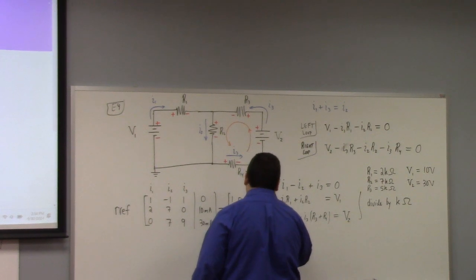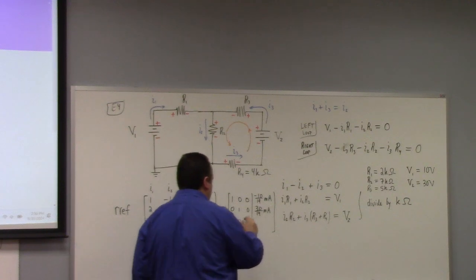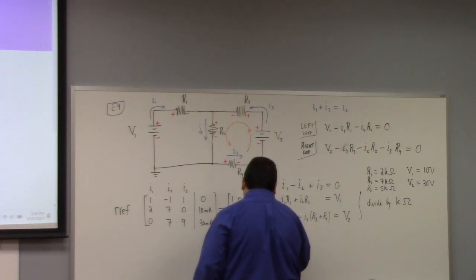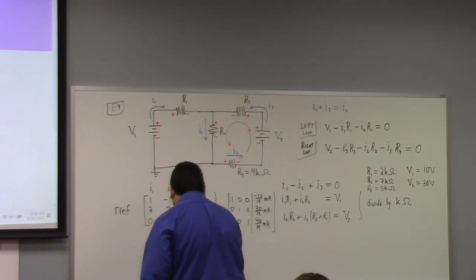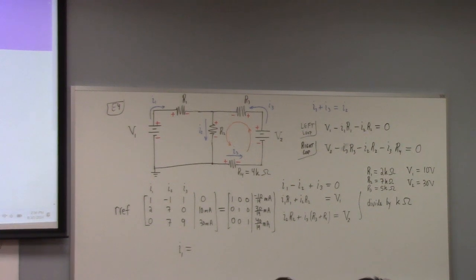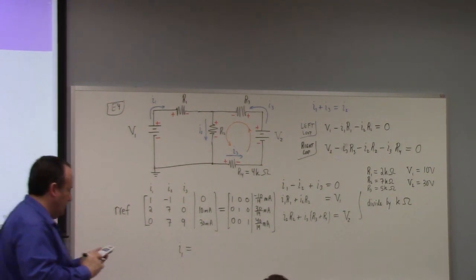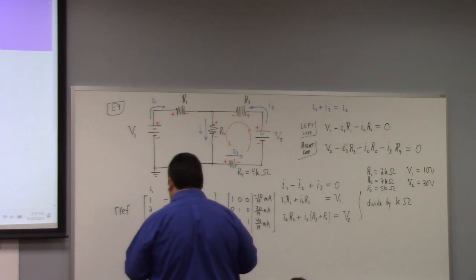Now obviously we don't want to leave our answer in terms of fractions, right? This is physics, so we need to take another step here, get our handy dandy calculator out and find an actual number. So this tells me that I1 is minus 10 over 19 milliamps, whatever that is. That gives me minus 0.52 milliamps, something like that. 0.53.